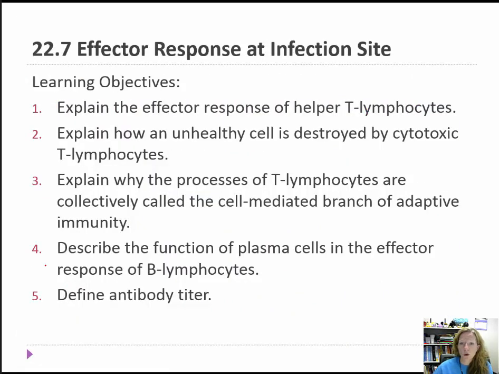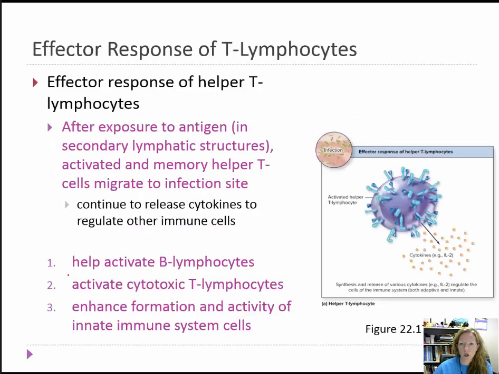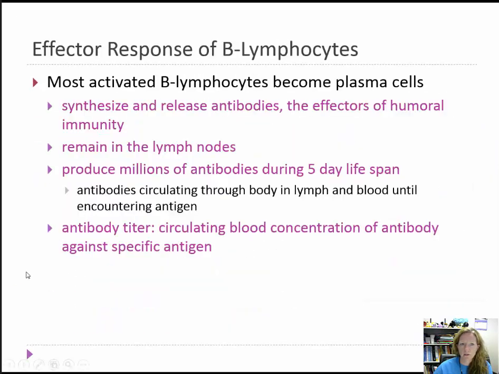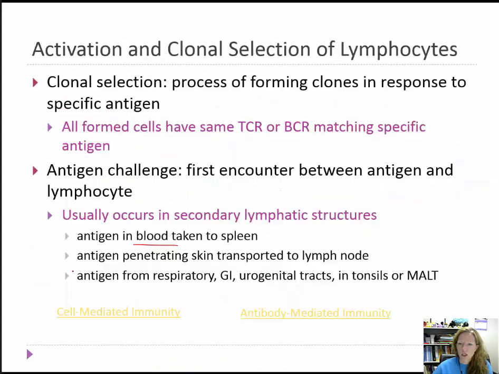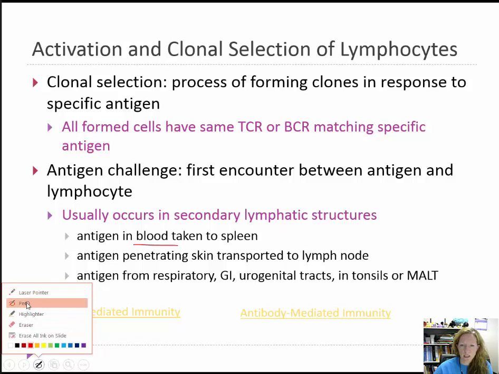You're also going to look at the effector response: what specifically helper T cells, cytotoxic T cells, and these B lymphocytes, which have differentiated into plasma cells, are going to do. So it's going to cover both of these sections. Let me go in and show you these. Again, these links are underneath the link for this video, but I want to show you how to navigate through them.